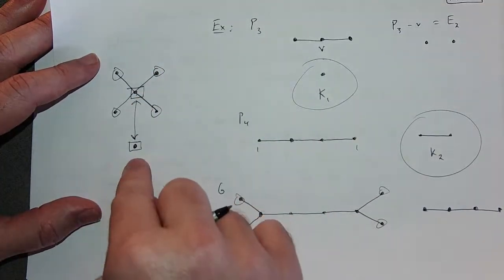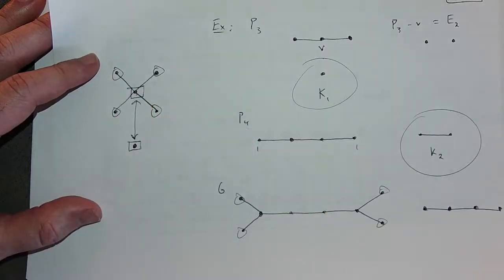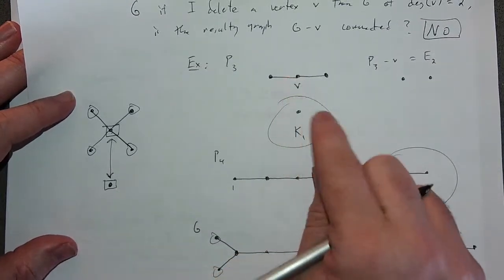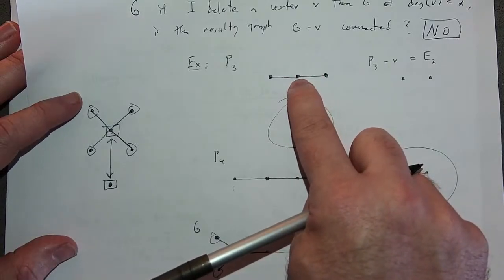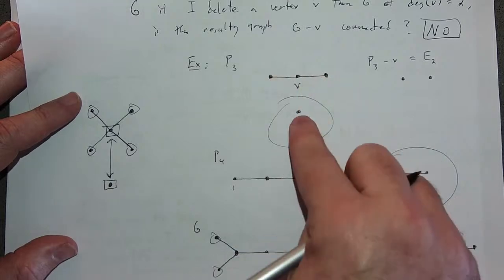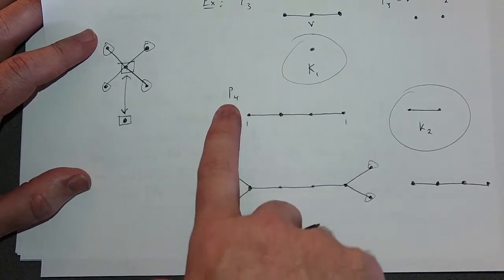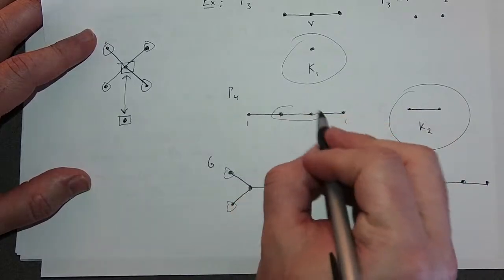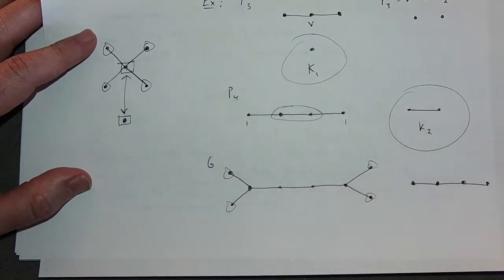No, the center of this graph is that vertex. The center of this graph is that vertex. Here, the center is this vertex, right? And when I delete the leaves, I'm left with that vertex. Here, what is the center of P4? It's these two vertices. Removing the leaves, I'm left with those two.